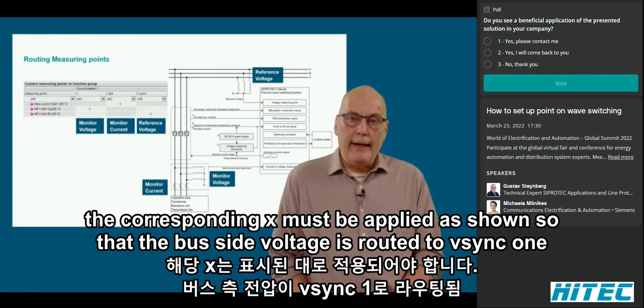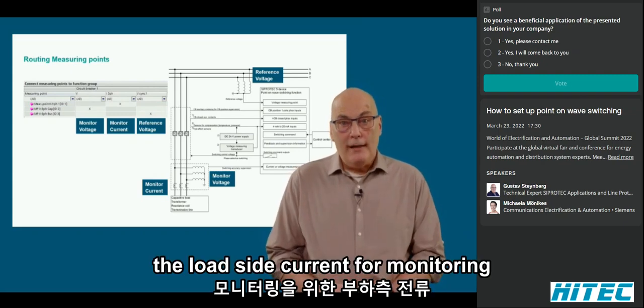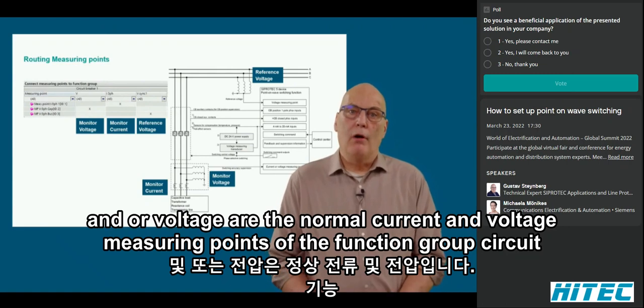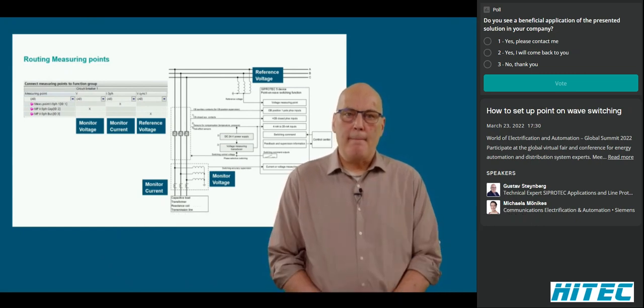The corresponding X must be applied as shown so that the bus side voltage is routed to VSync1. The load side current for monitoring and/or voltage are the normal current and voltage measuring points of the function group circuit breaker. These are also selected with X in the corresponding position as shown on the left side.